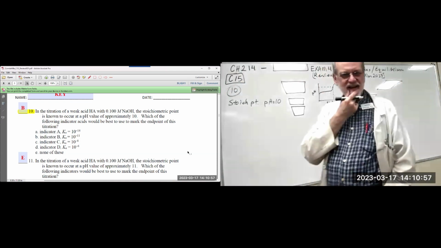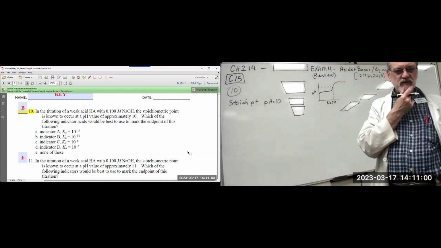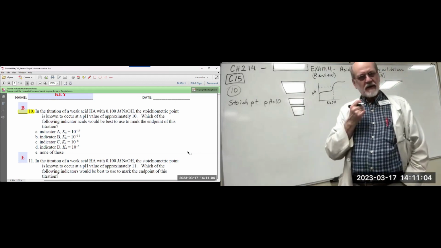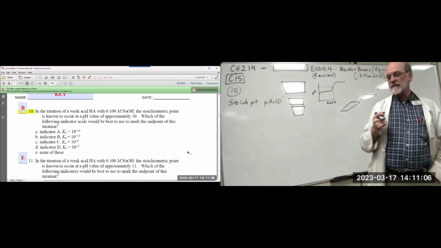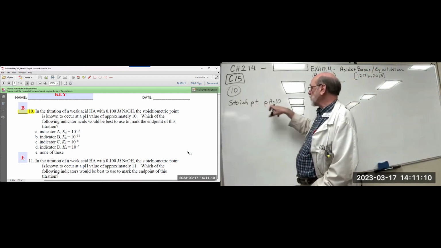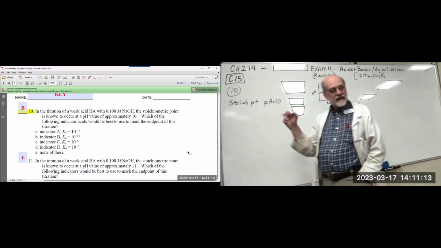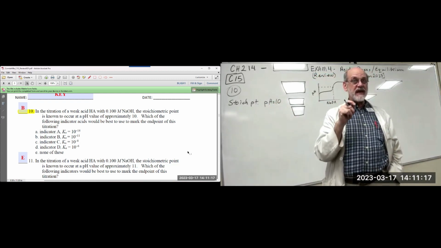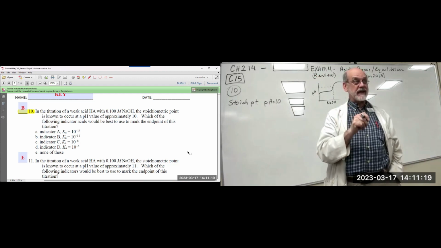All right. Which of the following indicator acids would be best to use to mark the endpoint of this titration? So what are we looking at? If we know that the endpoint, the stoichiometric point is pH 10, then the endpoint should be approximately equal to the pKa of the weak acid indicator.